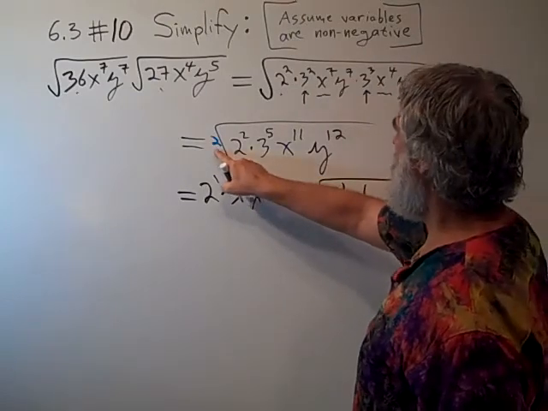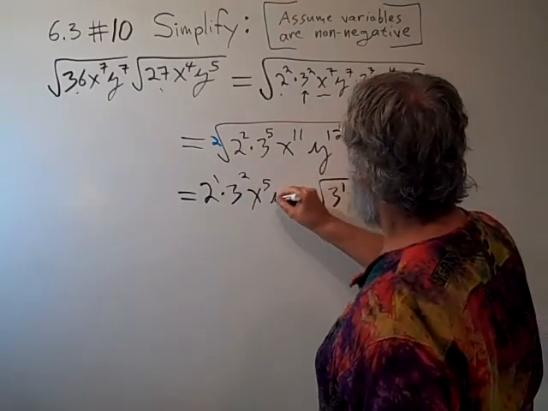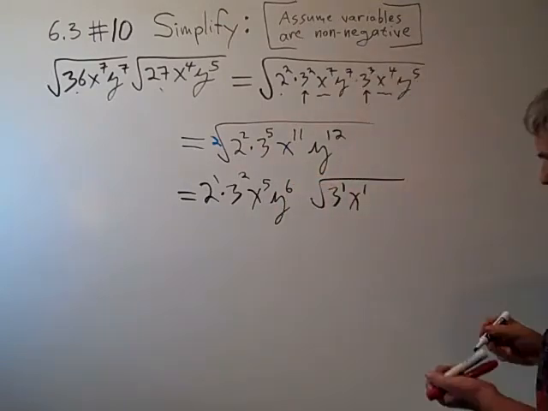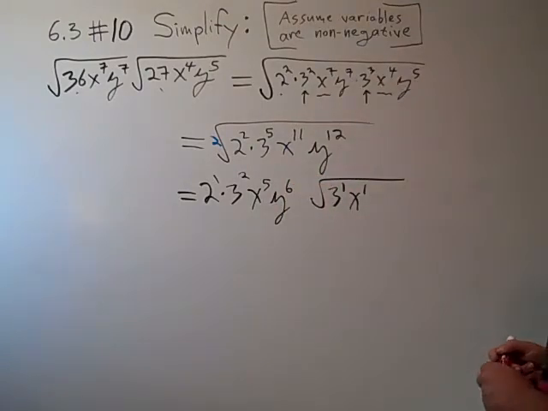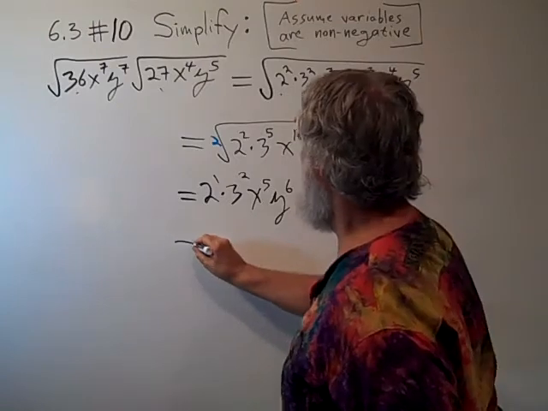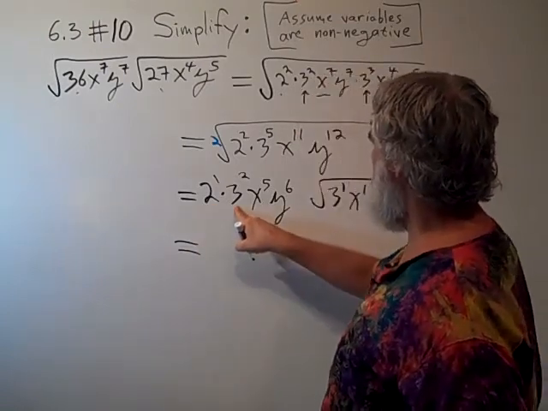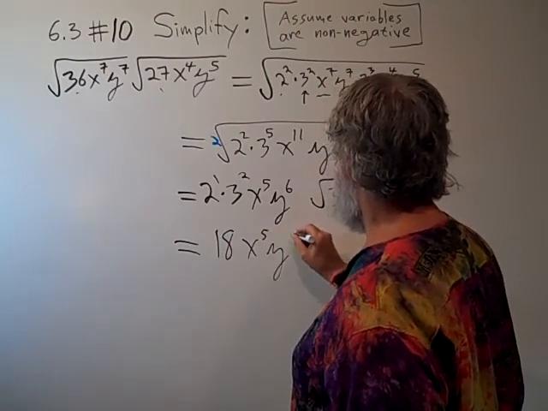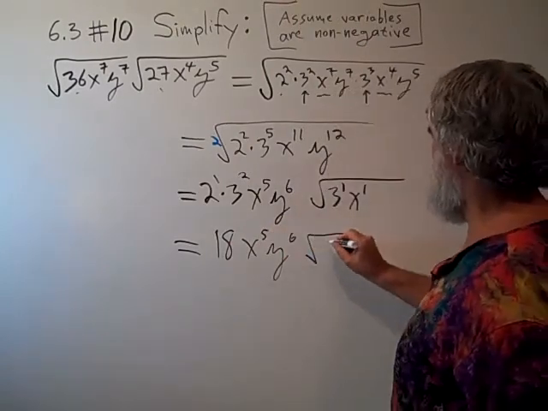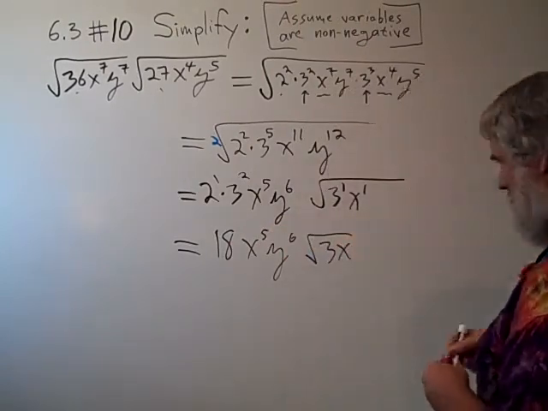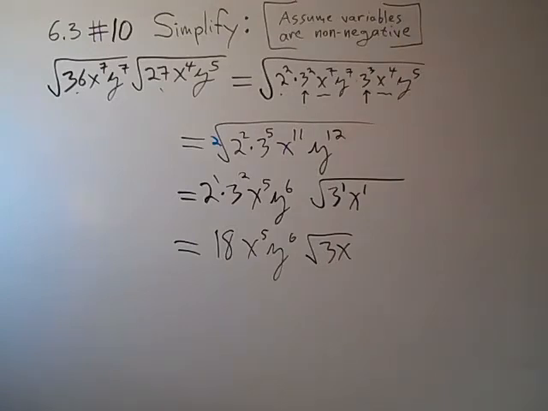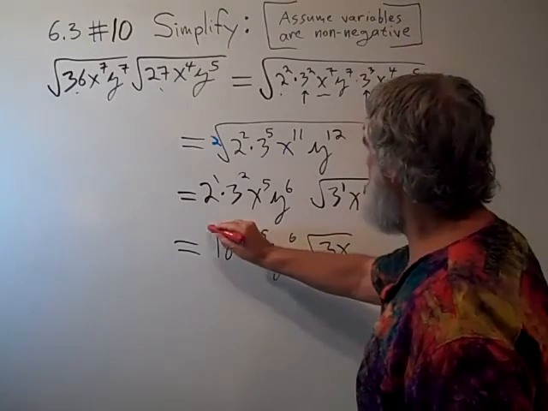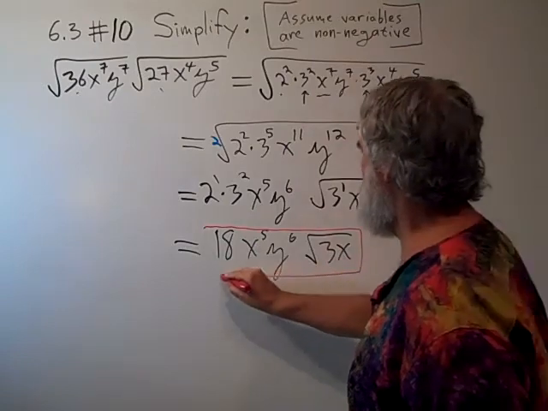And 2 divides into 12 6 times with no remainder. So this leaves us with 2 times 9 is 18, x to the 5th, y to the 6th, times the square root of 3x. And so our radicals, the product simplifies down to this.